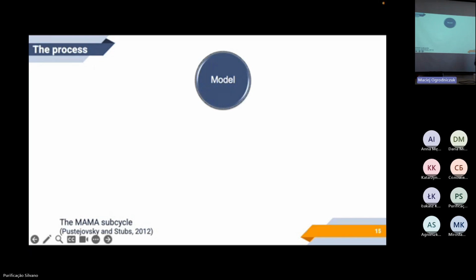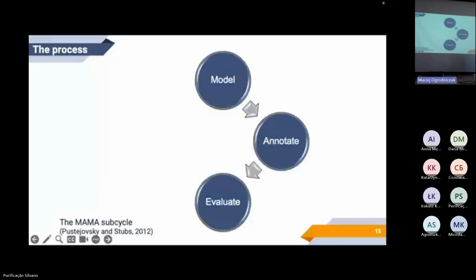Of course, first we had to model the scheme, and then we had to try it out, right? So we did some annotation in the training data set. Then we evaluated how well it worked, and we made the necessary changes so that it could represent more completely the information that we wanted to annotate.